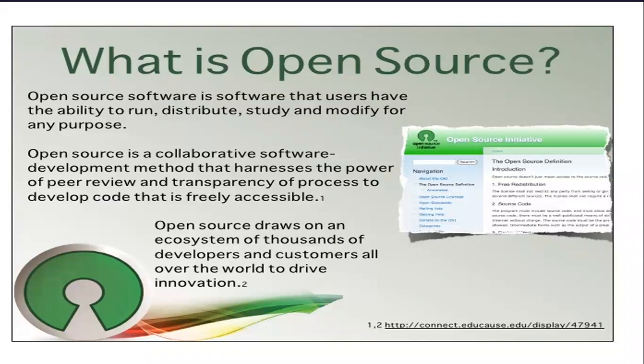Here, the company constructing the business models around open source software can receive payments concerning support and further development. Basically, in open source software, the source code of that software is freely available to the customer. It is a collaborative software development method which harnesses the power of peer review and transparency of process to develop the code that is freely accessible.